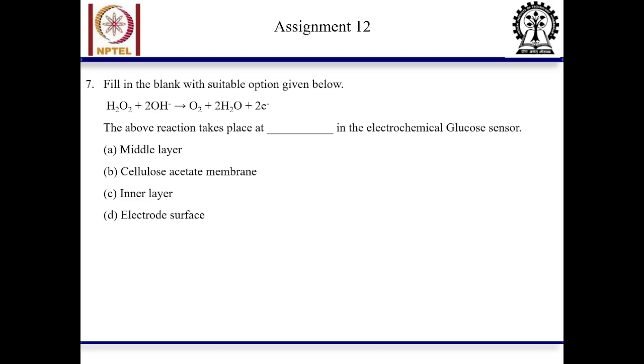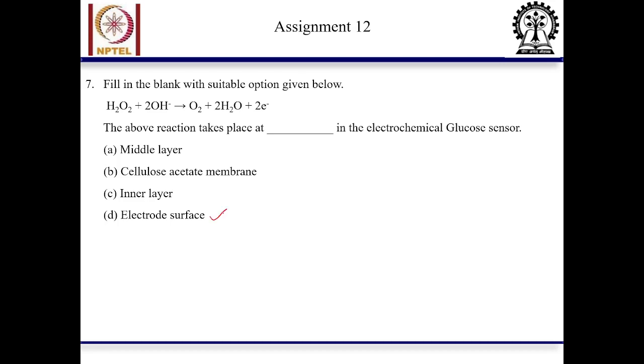Any other answer? Okay. Yeah. Sunil Pawar is correct.